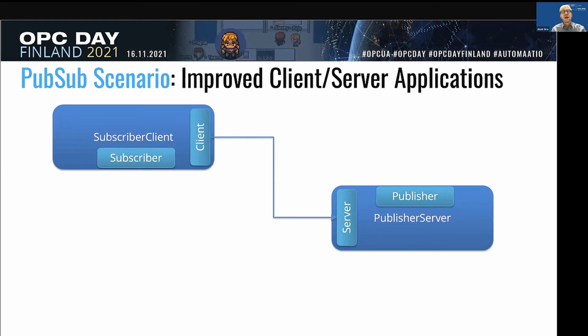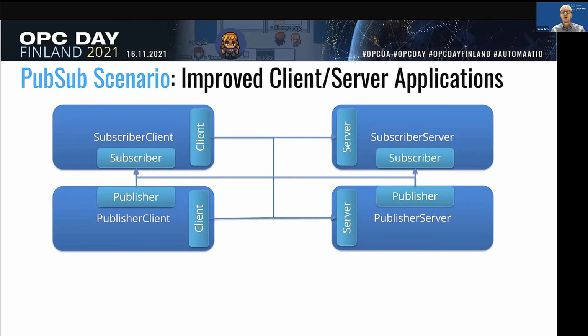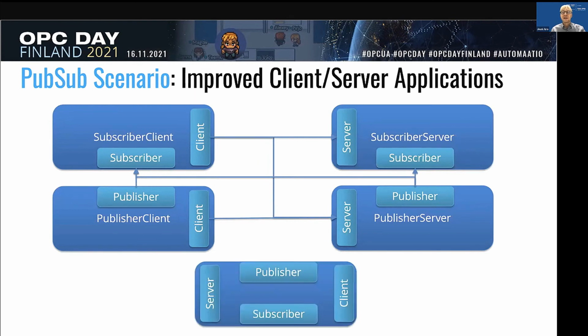And the client can use the synchronous services to the server to read, write, and get the information models, and then start monitoring data from the publisher instead of using the traditional client-server subscriptions. You could also, of course, have a publisher client that is using a client-server connection to the server and then publishing data, or a subscriber server, or a component that can do all four of these, and then you are totally free to combine it.